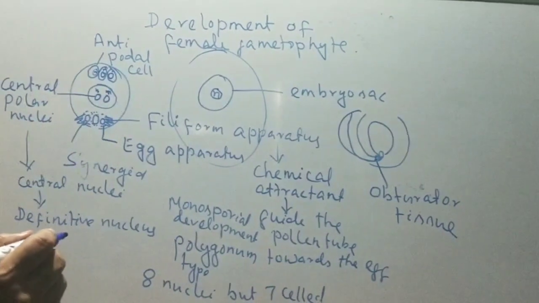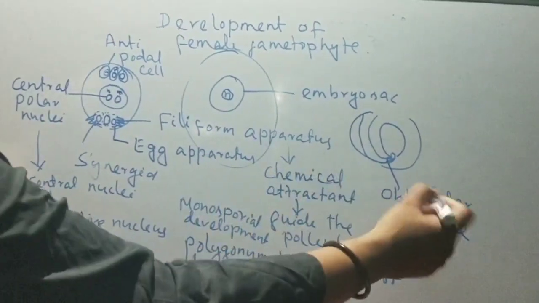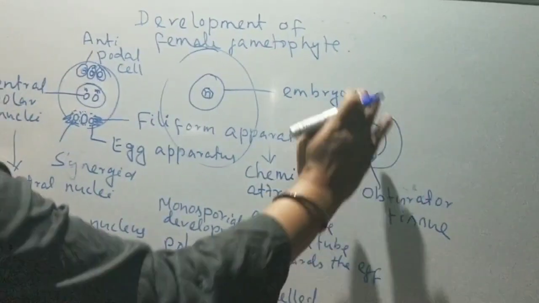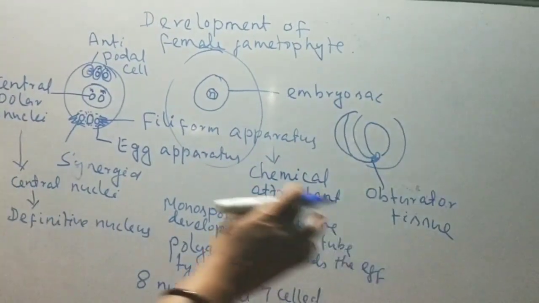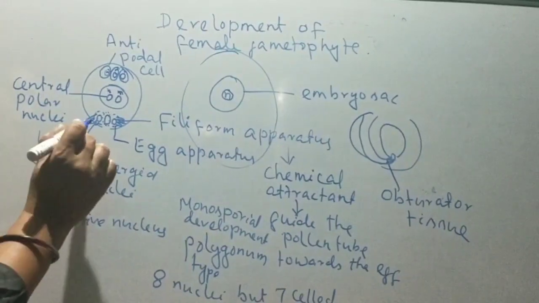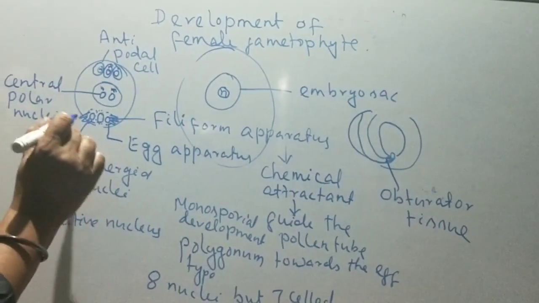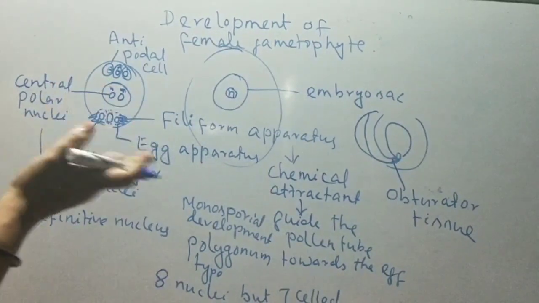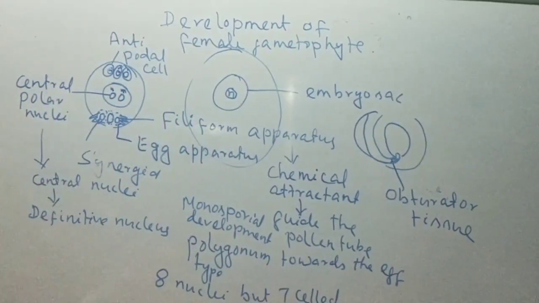And here the filiform apparatus guides the pollen tube near the egg, into the egg, by giving a chemical attractant.